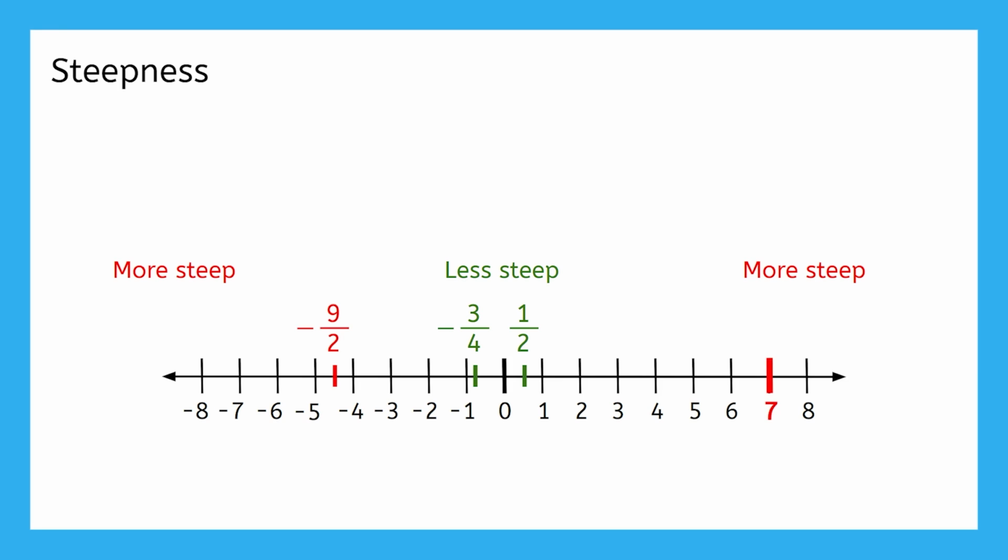We already know from talking about direction that negative slopes contain a negative sign. So more specifically, we could say that as we go farther to the left, away from 0, we have steeper negative slopes. And as we go farther away from 0 to the right, we have steeper positive slopes.